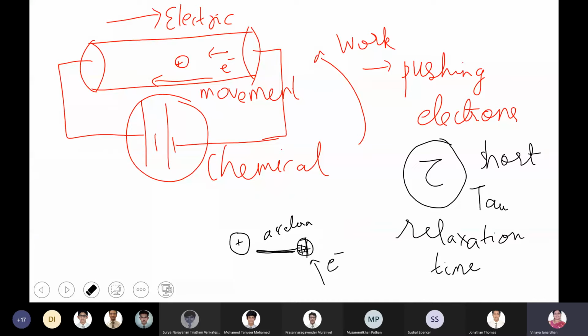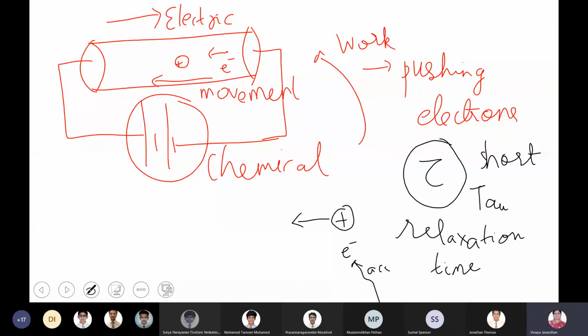I'll repeat this because you should know what you mean by relaxation time. Suppose an electron has already undergone a collision. So this is an electron, and this electron is accelerated. Why? Because of the electric field. Now this accelerated electron collides with a positive ion. After collision, its speed decreases. Now after collision, what is going to happen? Still it will be acted upon by your electric field.